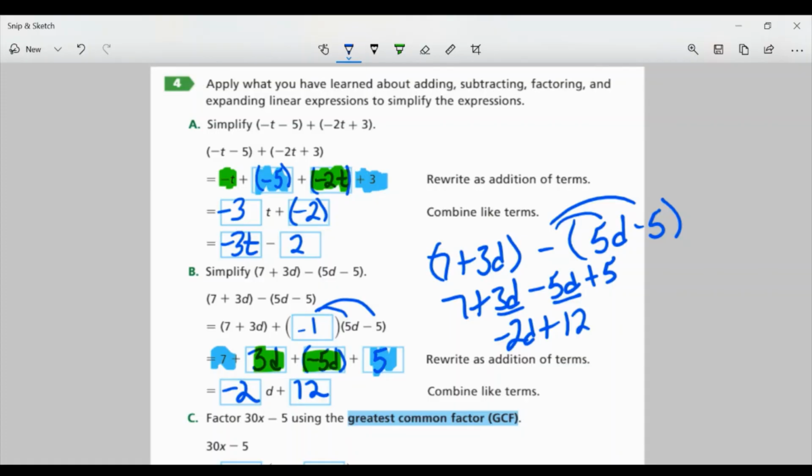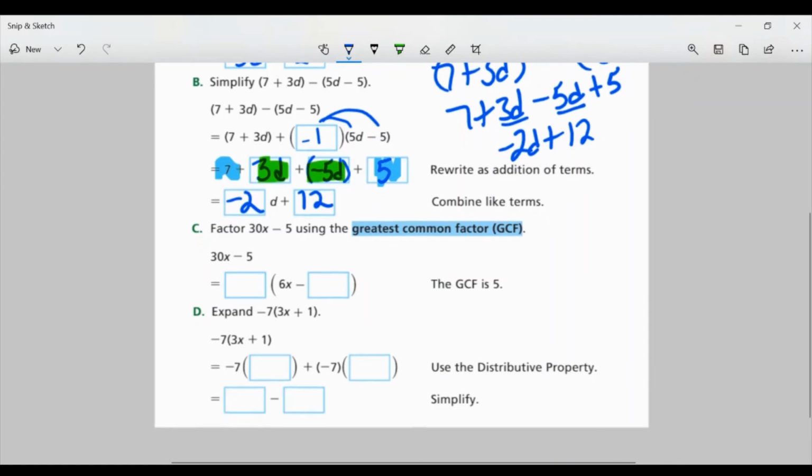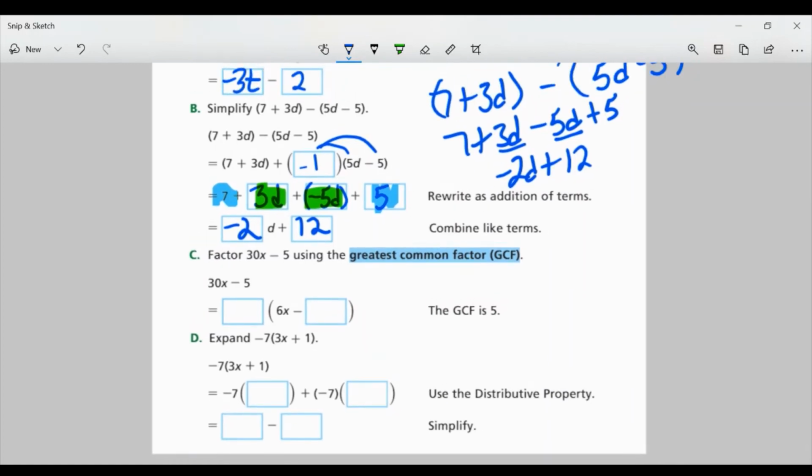Okay, now let's look at part C. So we want to factor 30x minus 5, and we want to find the greatest common factor, the GCF. So 30x minus 5. What is a number that goes into both 30 and 5 evenly? Well, 30 ends in a 0, so I know 5 goes into 30 and 5 goes into negative 5.